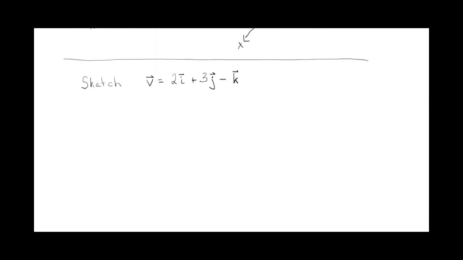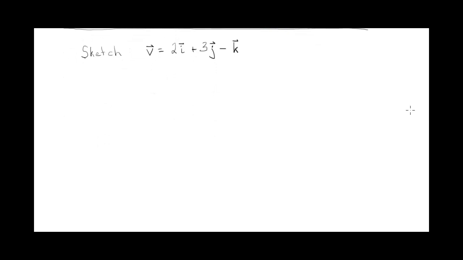Now let's look at an example where we want to sketch the vector v, which is 2i plus 3j minus k. So I've written v using these three standard unit vectors. You need to know that that means that's the vector 2, 3, minus 1.